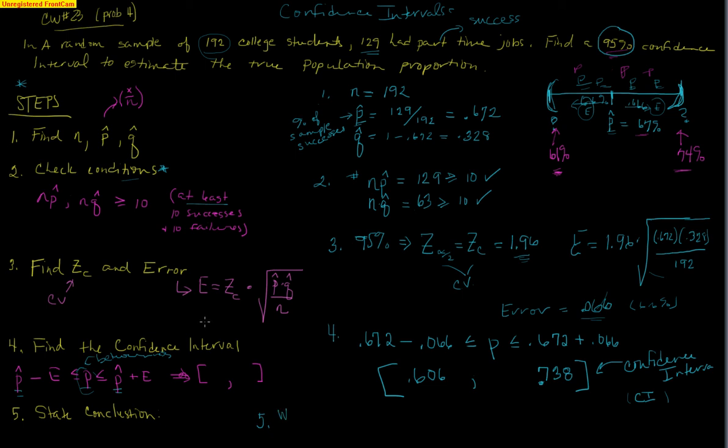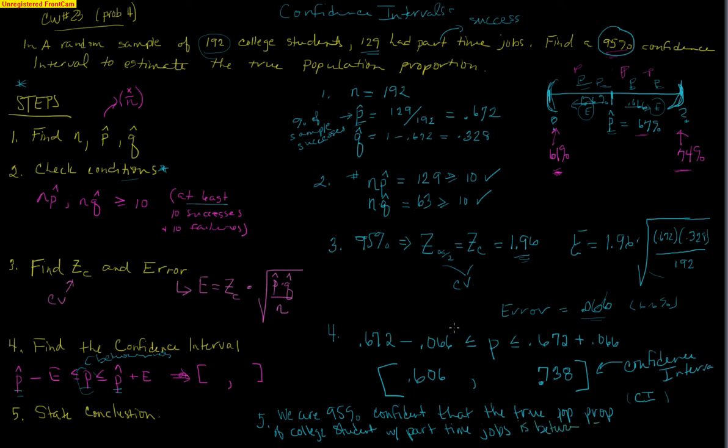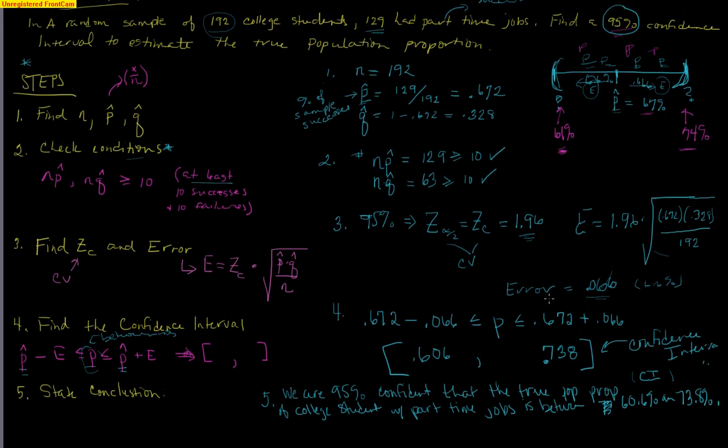We will state it as: we are 95% confident that the true population proportion of college students with part-time jobs is between 60.6% and 73.8% of students. Okay, and that is your conclusion.